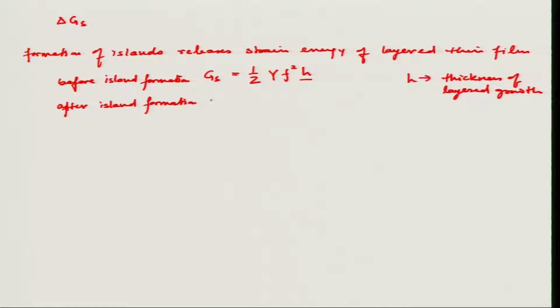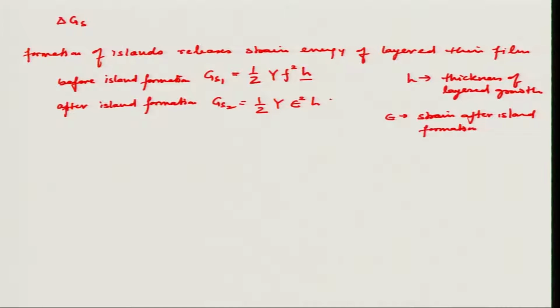So, now Gs2 is 1 by 2 Y epsilon squared h. I will say that this is the strain after island formation. So, even after formation of islands there is some strain left in the thin film or the layered.